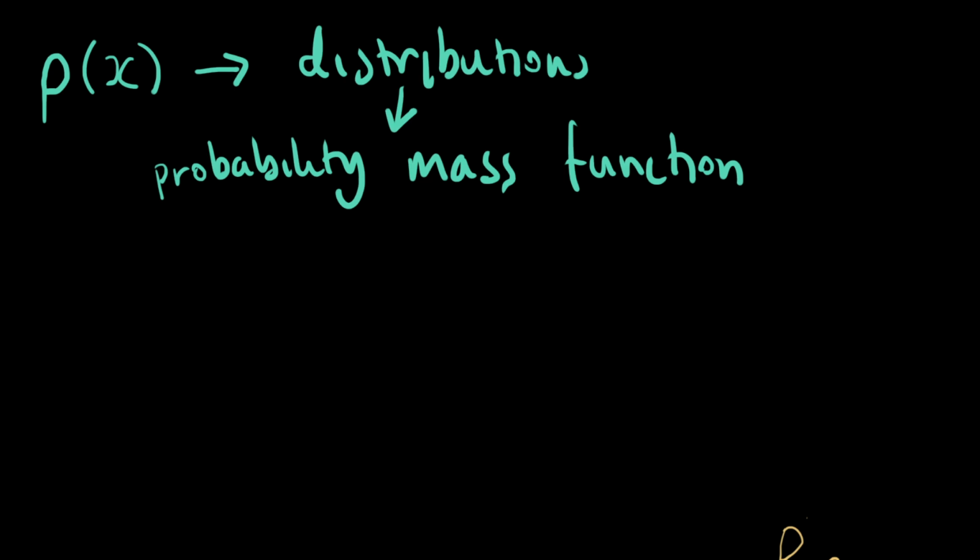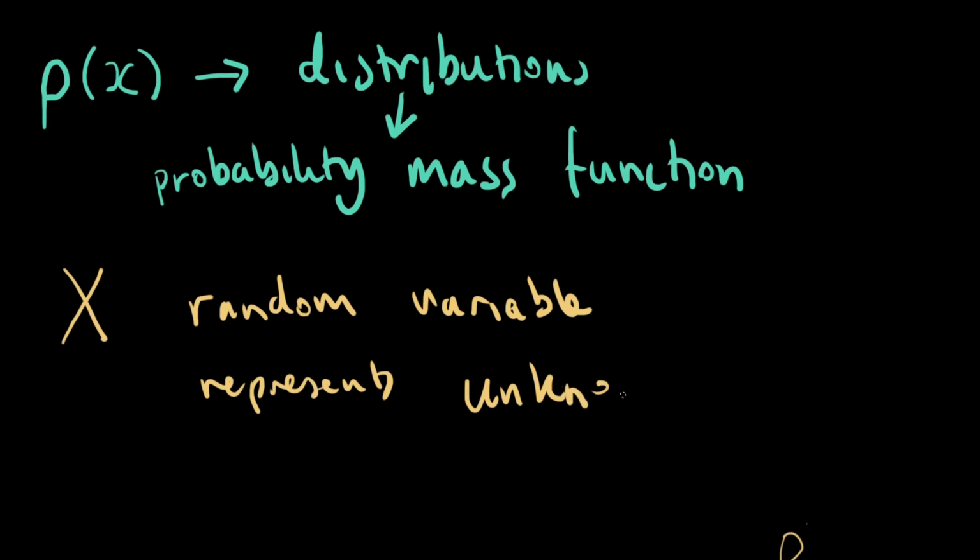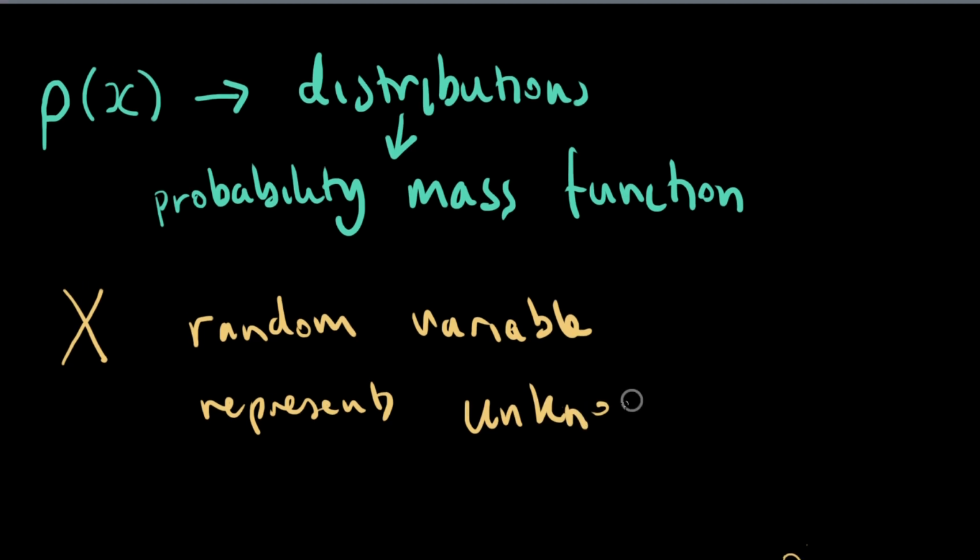Okay, so if we model our opponent's hand as a random variable, let's call it X, so X is the random variable that represents our opponent's hand or our hand or something like that, let's say an unknown hand.